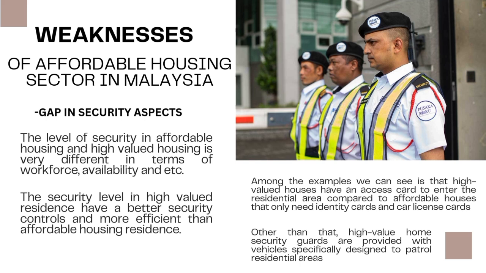Among the examples, high value houses have an access card to enter the residential area, compared to affordable houses that only need identity cards and car license cards. Other than that, high value home security guards are provided with vehicles specifically designed to patrol residential areas.